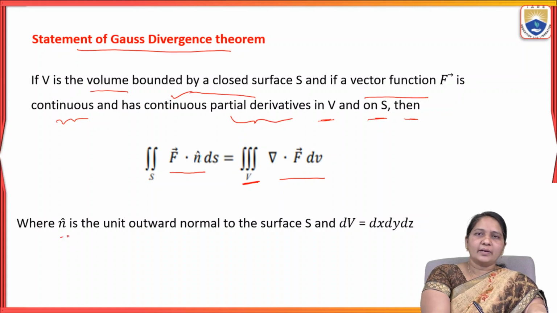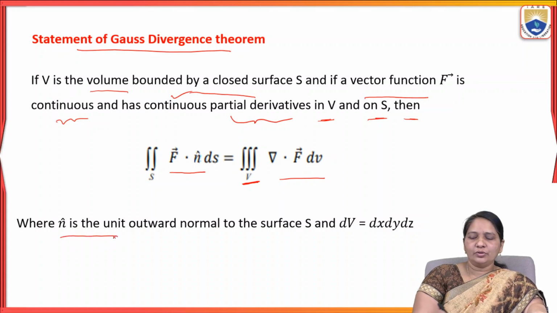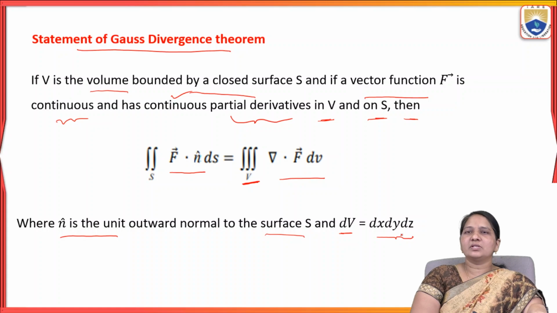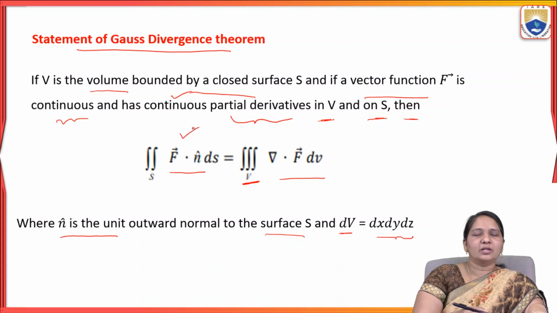Here n bar is the unit outward normal to the surface and dV is dx dy dz.